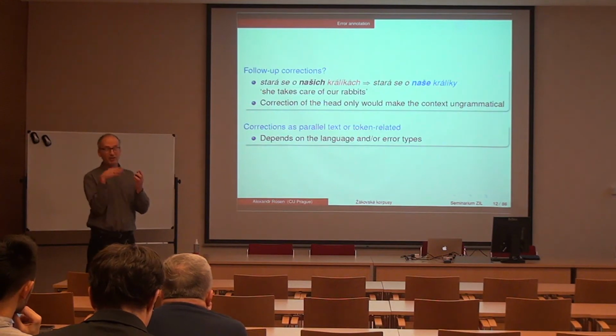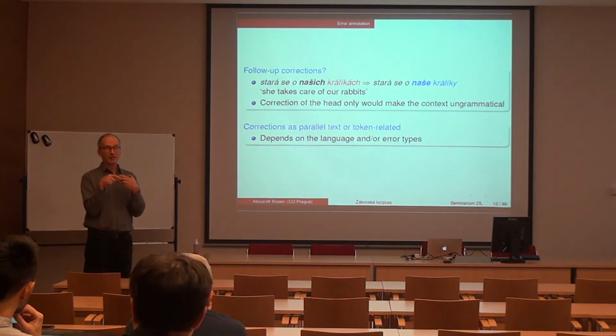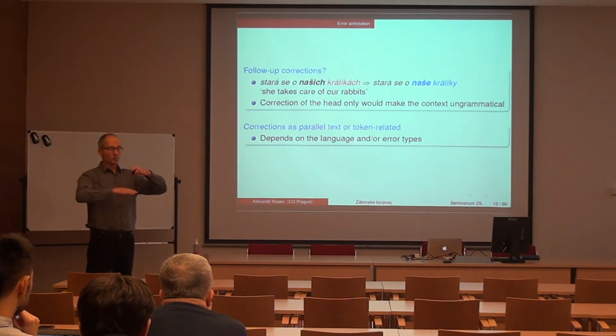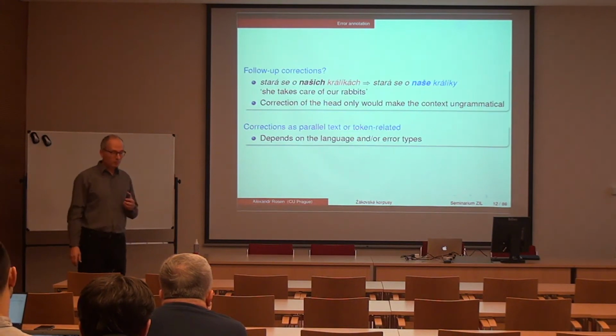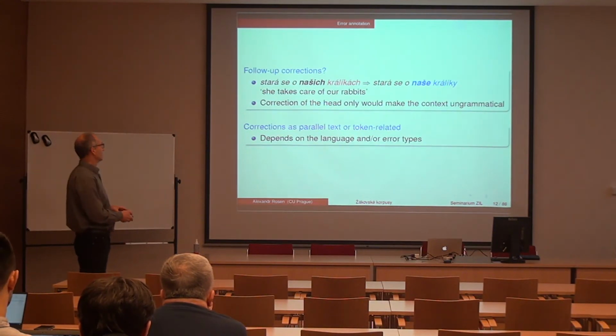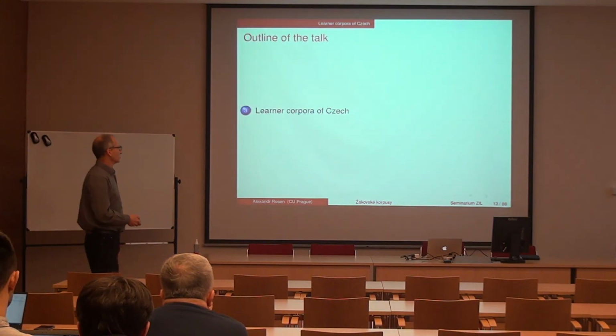You can delete, you can add, maybe you can join and split, but it's hard to do something more. And you have this parallel option, like really doing another version of the text with another tagging. And of course it depends on the language and the error types you want to annotate.